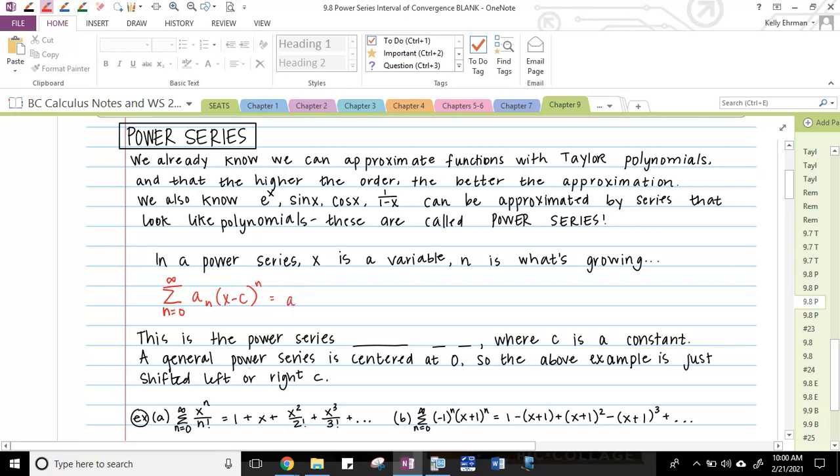We would get a sub 0, some constant term, plus a sub 1 times x minus c to the first power, plus a sub 2 times x minus c to the second power, etc. There'd be some nth term times x minus c to the n power, etc.